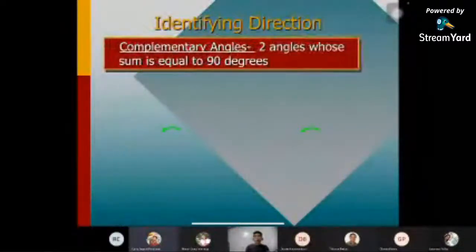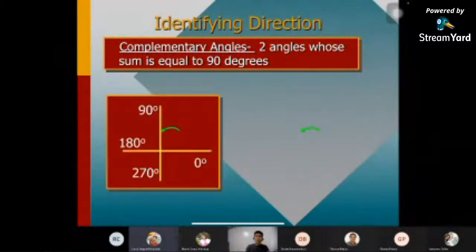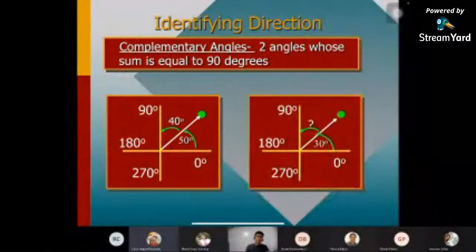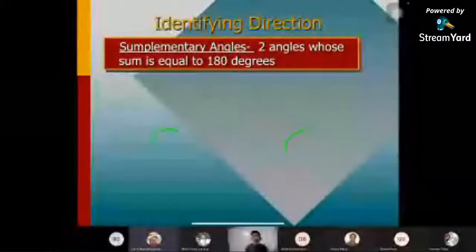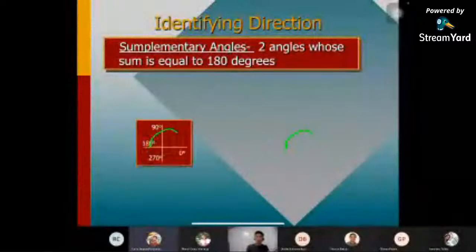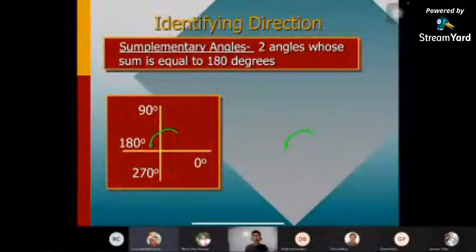Right? Again, we were able to get 60 degrees west of south into 30 degrees south of west by using this concept of complementary angles, which again, the sum is equivalent to 90. So if you have 30 here, obviously this is 60 degrees, no? And this is again in line with the postulate of the supplementary angles, wherein if you have a straight line, basically this is important later on.